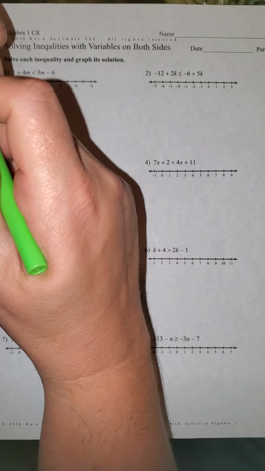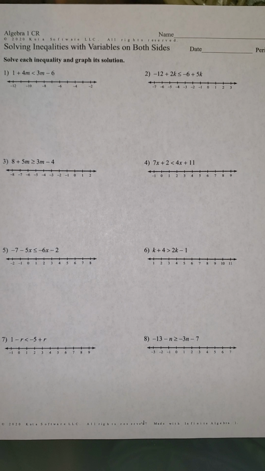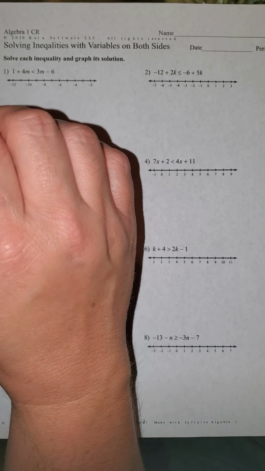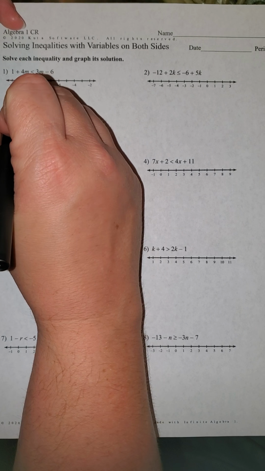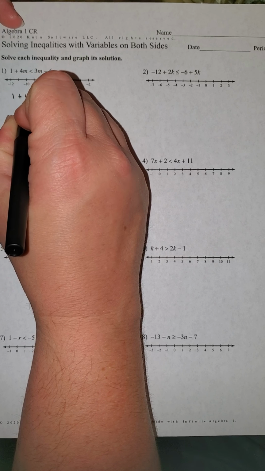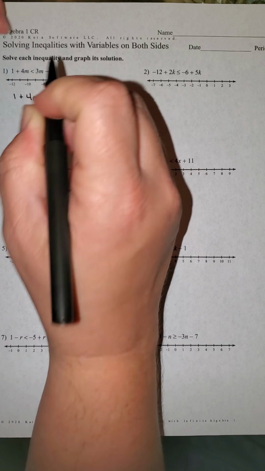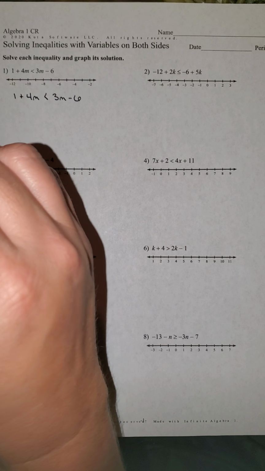So my advice to you is get that letter on the left-hand side. So I'm going to move the 3m. You know what, I'm going to rewrite this inequality. We have 1 plus 4m is less than 3m minus 6. So like I said, I'm going to move that 3m.